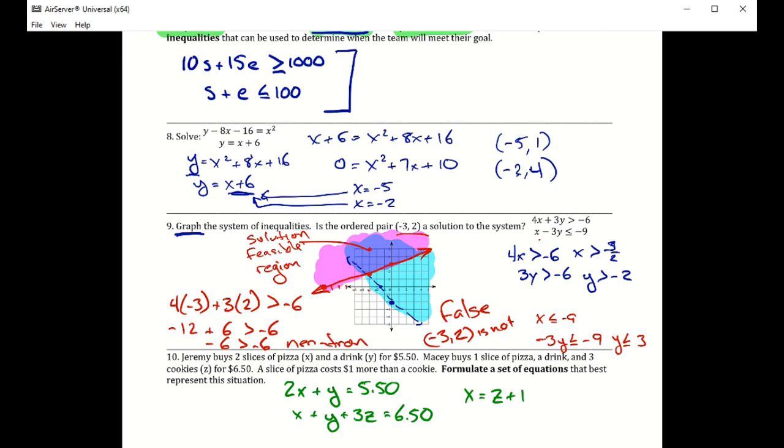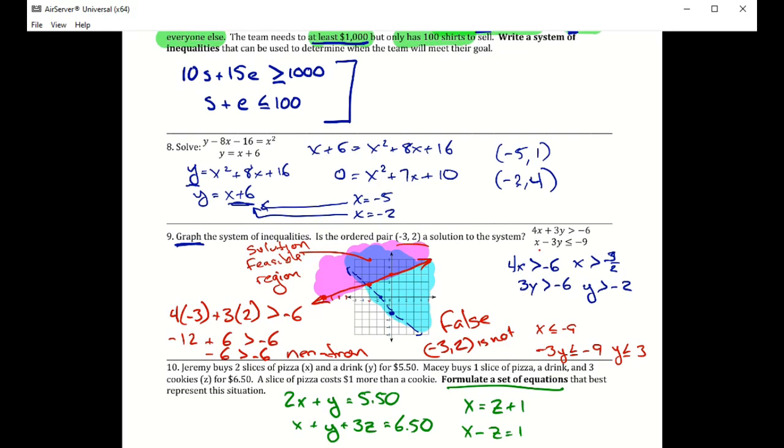There's our system of equations. We're done. If we needed to put this one in standard form, we could just bring the Z over to one side. And that's it. No fuss, no muss. All right, let's go on the next page.